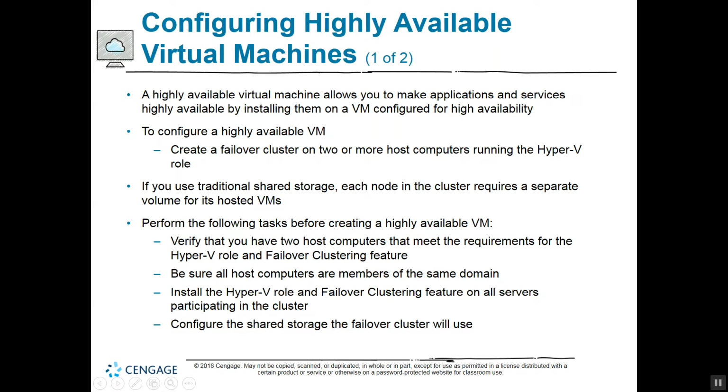If you use traditional shared storage, each node in the cluster requires a separate volume for its hosted VMs. So it's redundancy. Now think about that. Highly available: should anything fail, it's still available. So when we see highly available, we're just looking at redundancy, so that even if one gets overloaded, we've got another one picking up the slack. Okay.